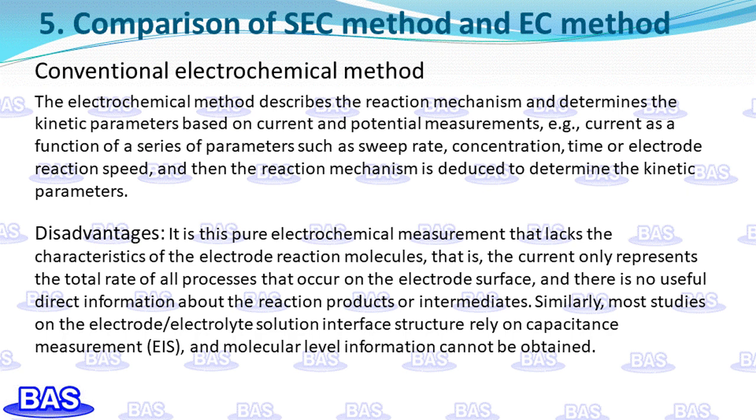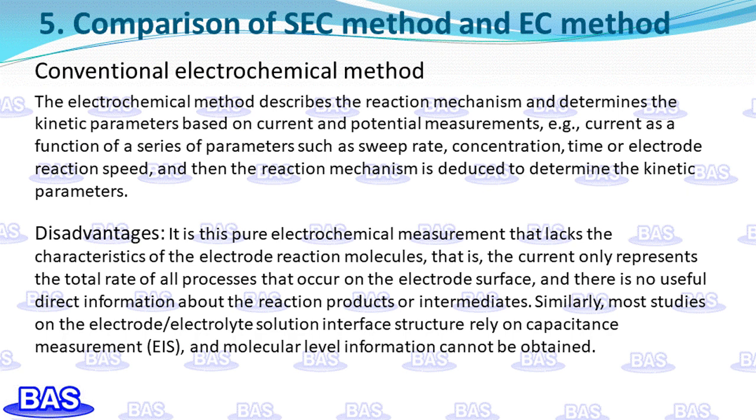The electrochemical method describes the reaction mechanism and determines the kinetic parameters based on current and potential measurements, for example, current as a function of a series of parameters such as sweep rate, concentration, time, or electrode reaction speed, and then the reaction mechanism is deduced to determine the kinetic parameters.